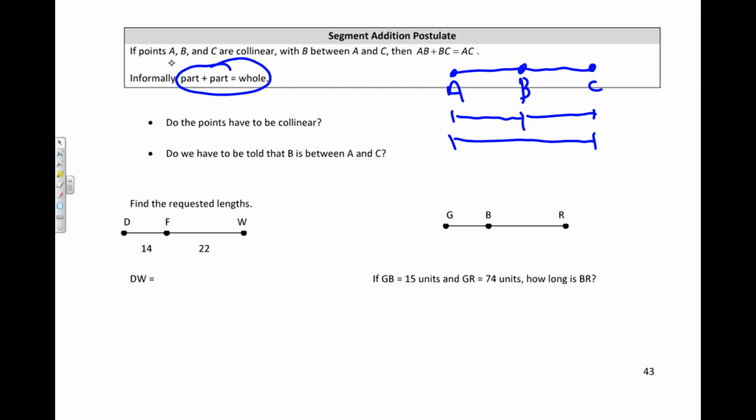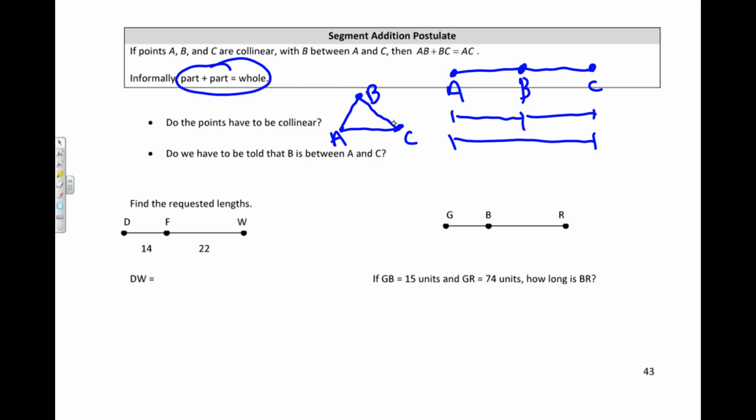So do my points have to be collinear for this to be true? Absolutely. What if I had A, B, and C not on a line? Well, the length from AB plus the length from BC would be longer than the length from AC. So that's why they have to be collinear.